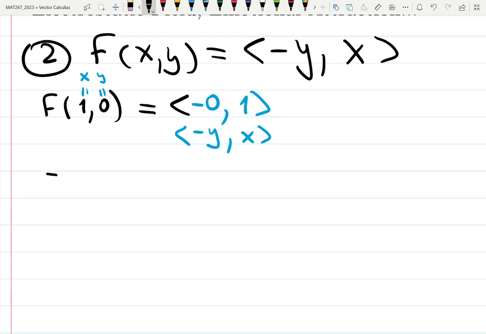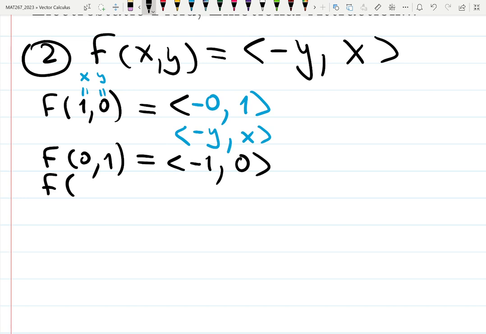Tell me, what do you think is going to happen with, let's put it here, 0, 1? How does it look? Negative 1, change the y sign. Negative 1 and 0. Exactly. Good job. And so on. So you can draw these, and then you can actually sketch the graph.